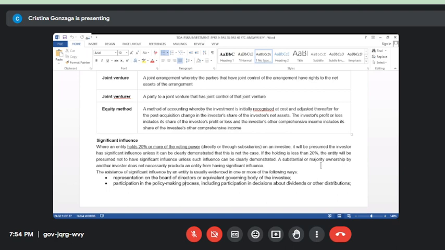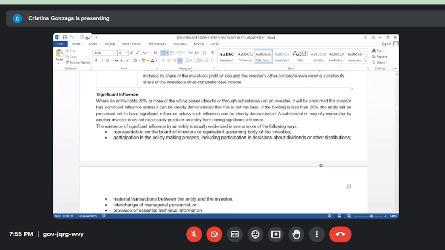Likewise, kapag nag-declare ng dividend si investee, the dividend allotted to the investor will also be a reduction of the carrying amount of the investment in associate. Okay? So, yun ang ibig sabihin natin. Ngayon, tingnan mo nga yung significant influence.